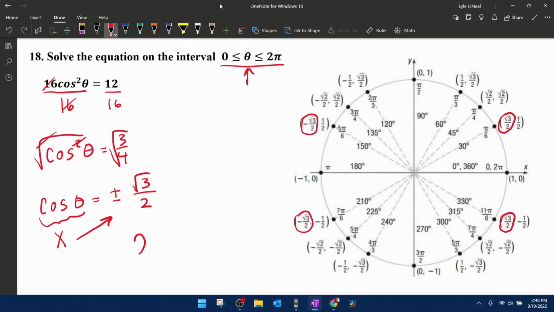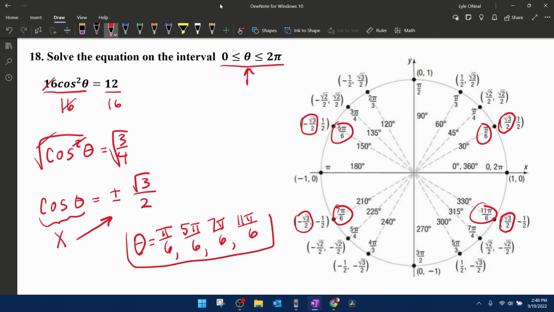So my answers, my thetas are pi over 6, 5 pi over 6, 7 pi over 6, and 11 pi over 6. And that's going to do it for this problem.